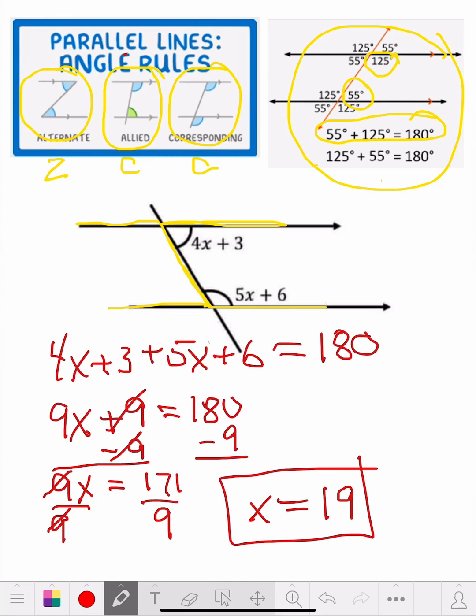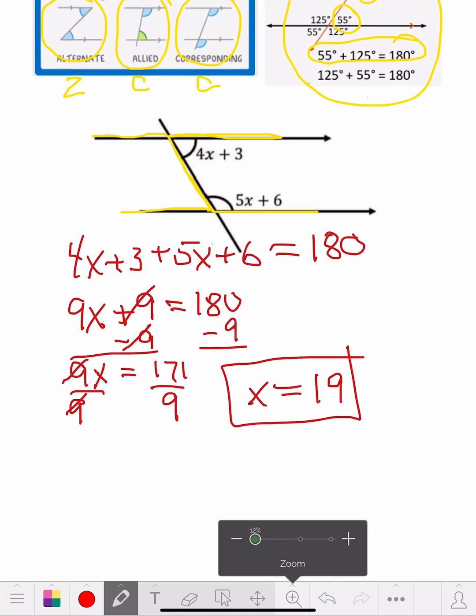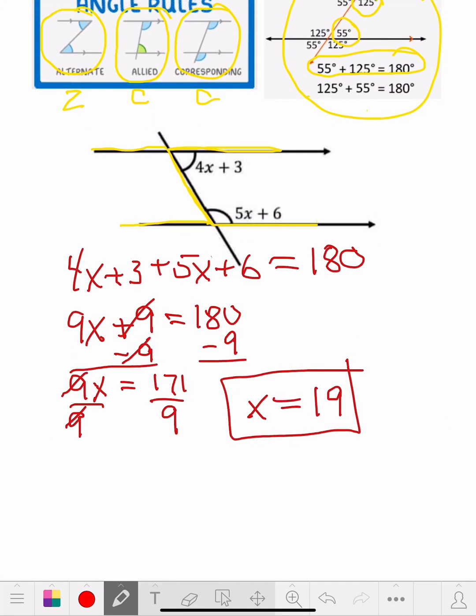Now, depending on what they give you, say it's a multiple choice and they give you the two angles, what are they? You could plug this 19 in for the x, so it could be 4 times 19 plus 3 equals, and the next one could be 5 times 19 plus 6 equals.